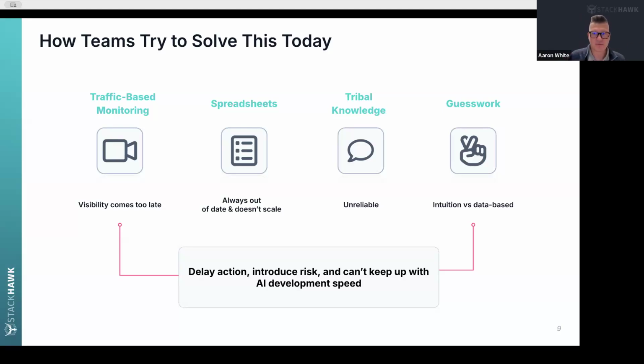And you don't really have any solid data to drive your prioritization decision-making on what to get tested and how often it needs to get tested. Causing delays, introduces risks. And in the world of AI-assisted development, none of these things can keep pace with how fast developer and engineering teams are shipping code today.